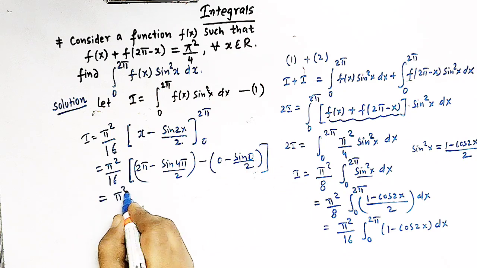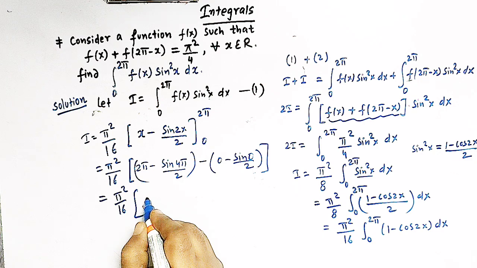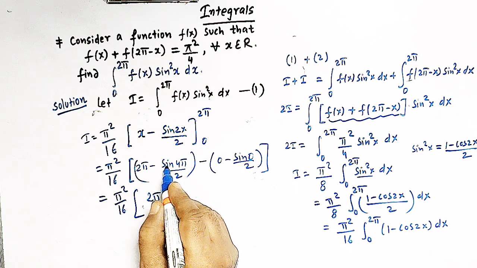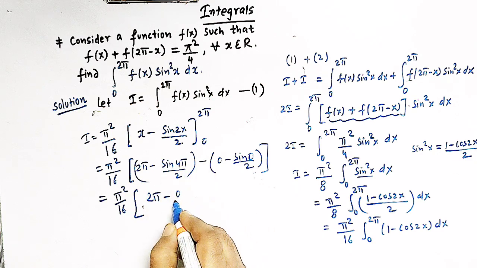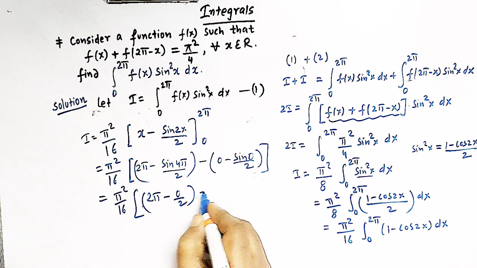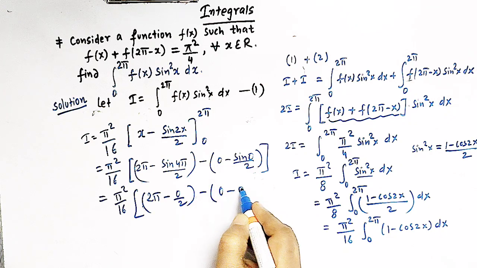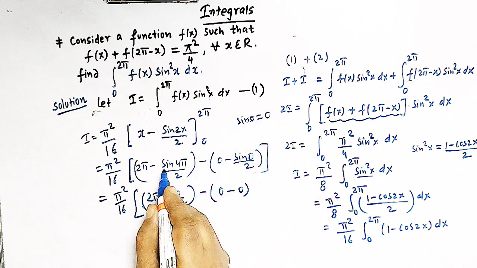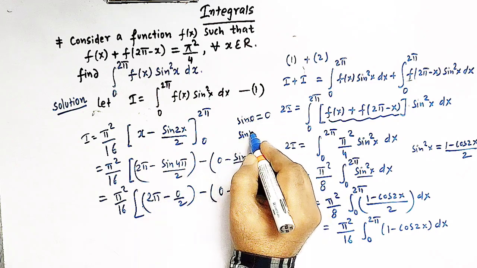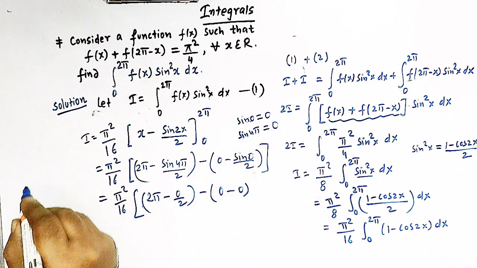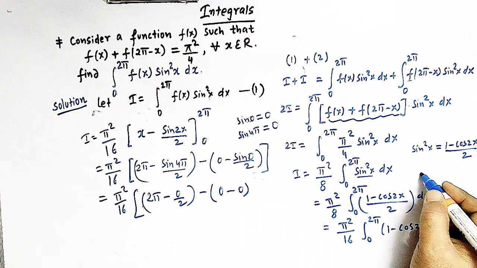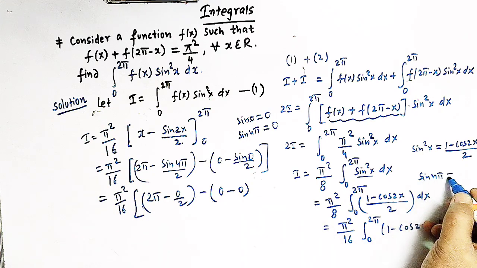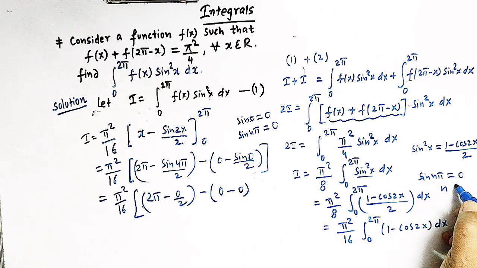Sine 4 pi is 0, and sine 0 is 0, because we know sine n pi is equal to 0 for n any integer.